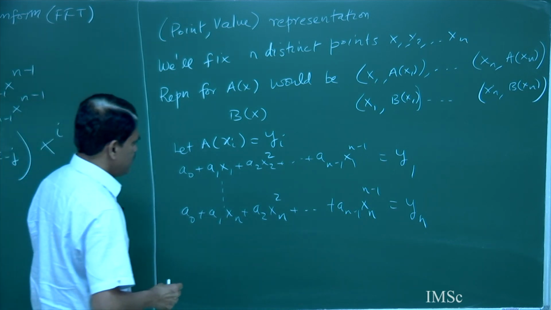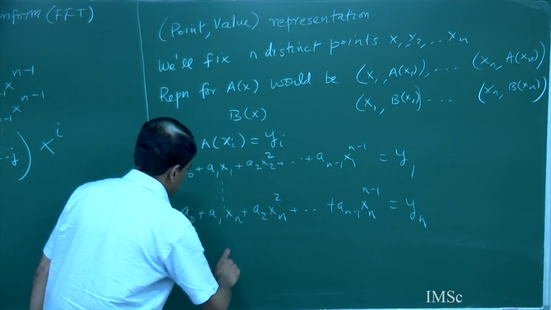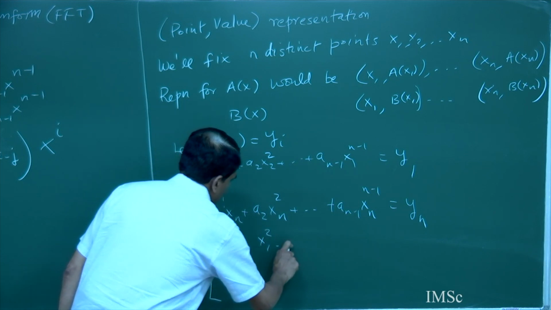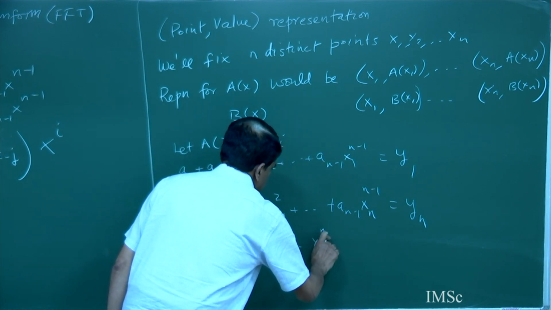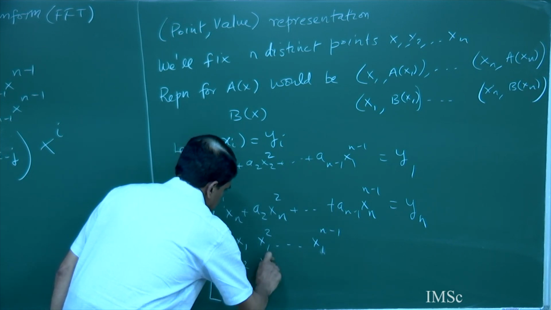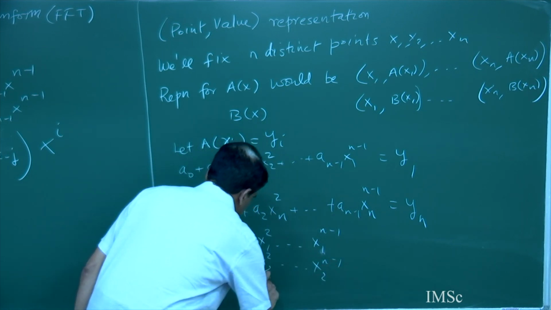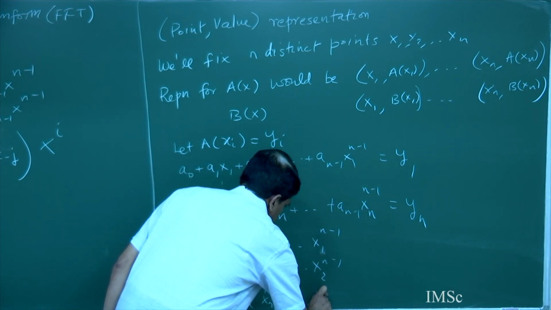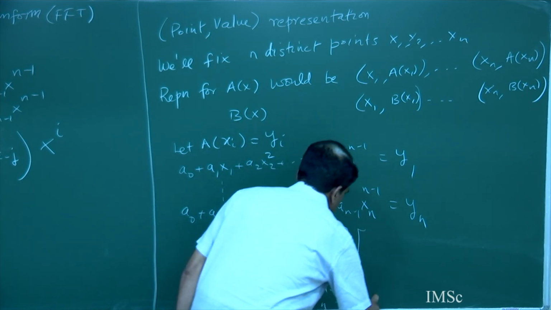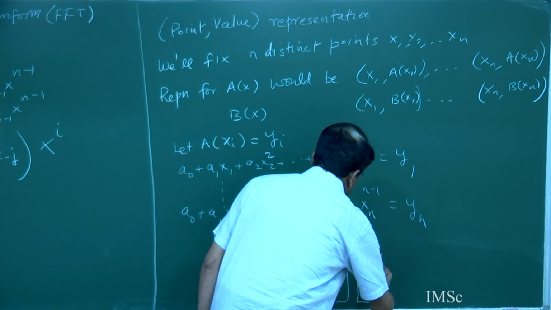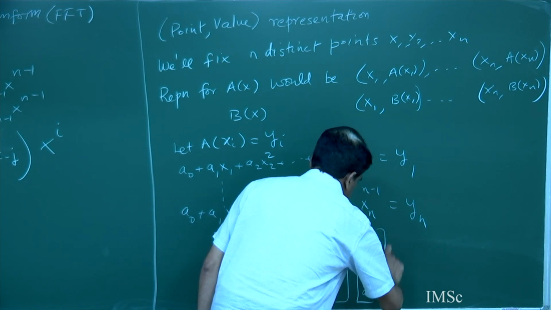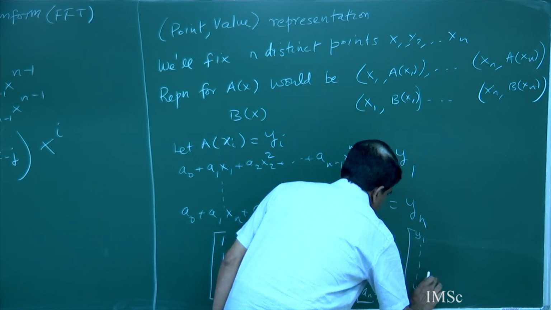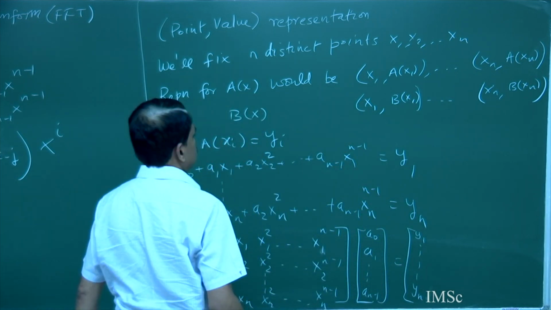So write this down in the matrix form, where I have the rows 1, x1, x1 squared, and so on, times the vector a0, a1, and so on.